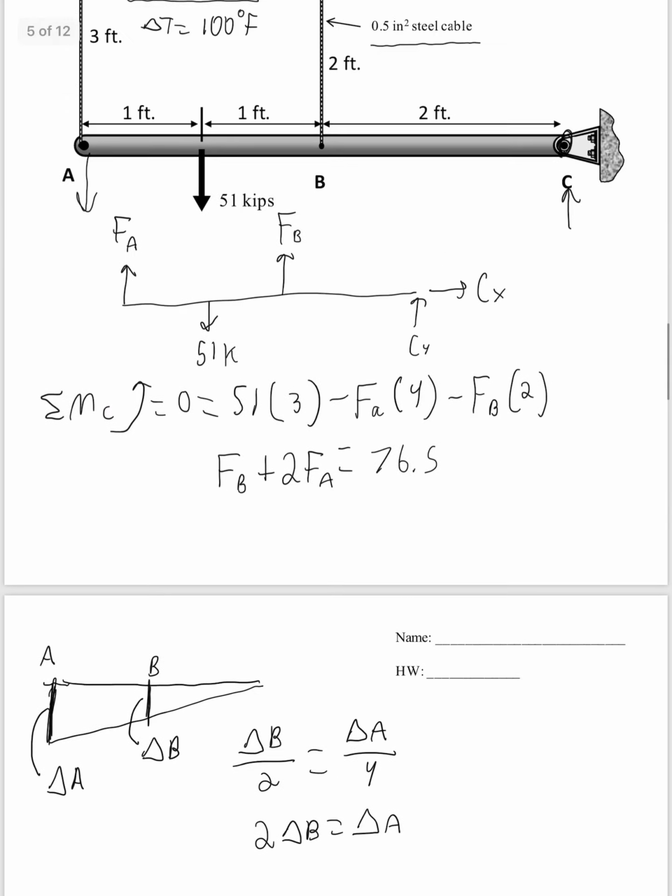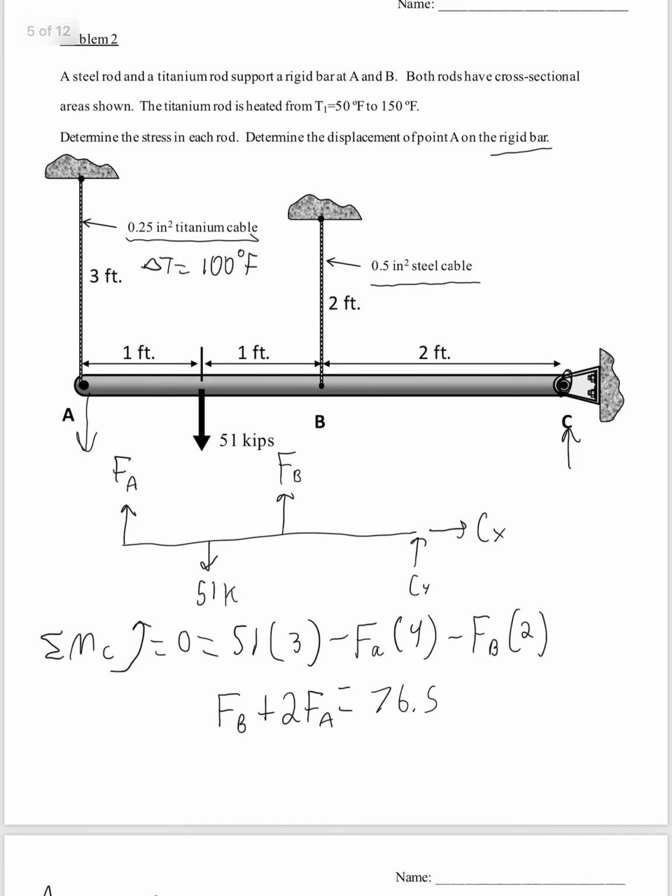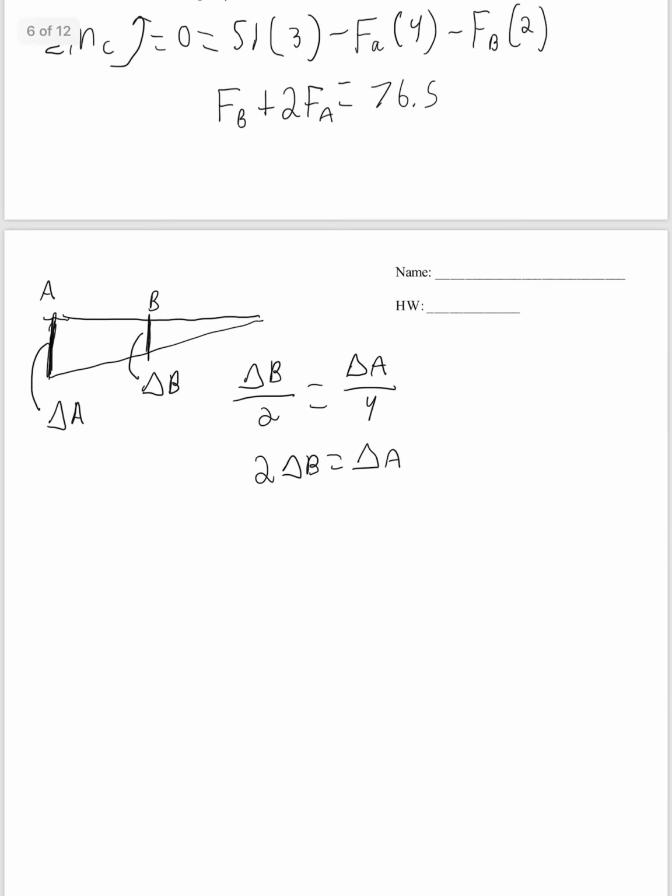In delta A, we have a force that causes it to elongate and also a change in temperature. So delta A will look like PL over AE, elongation due to the force, plus alpha delta TL, elongation due to the thermal load.